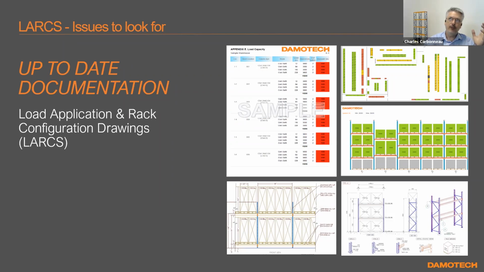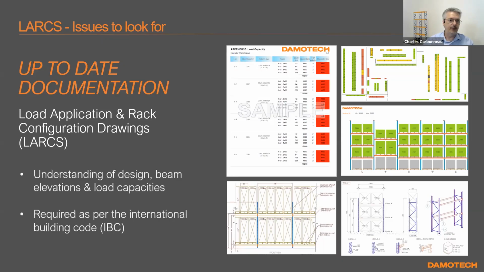And so if this is not respected and there's a collapse, you go back and say, well, we had this documentation, and then they look at the documentation and they look at what you have and it doesn't match. So it's on the rack owner to make sure that these things match and they're safe to use.